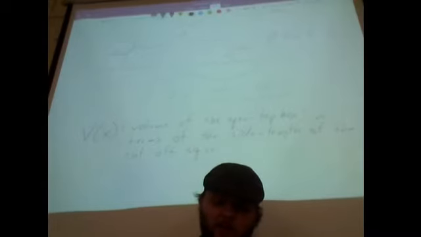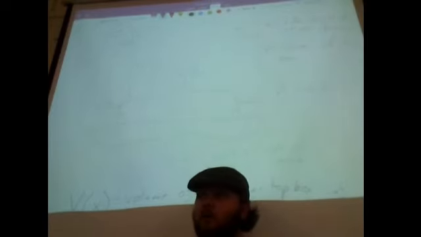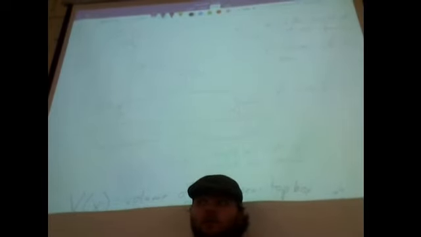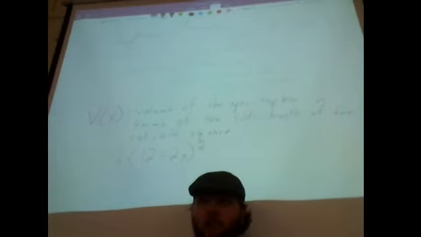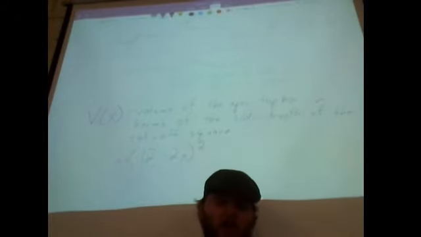I'm just being really ridiculous and writing everything out this first time. The volume is going to be what? 12 minus 2x, quantity squared, because that's the area of the bottom, times x.